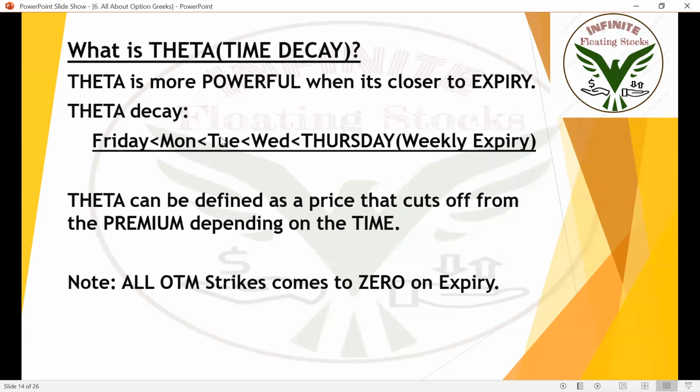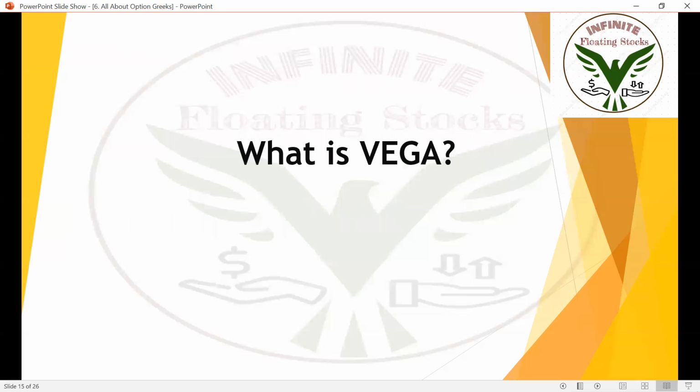On Tuesday there will be a little more. On Wednesday it will be more. On Thursday there will be massive time decay. That line shows the powerfulness of theta on different days. So all out of the money strikes expire to zero on expiry day on Thursday. All right, let's look at theta.